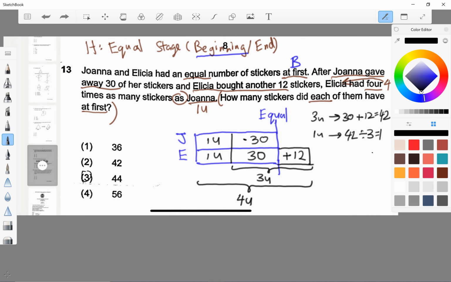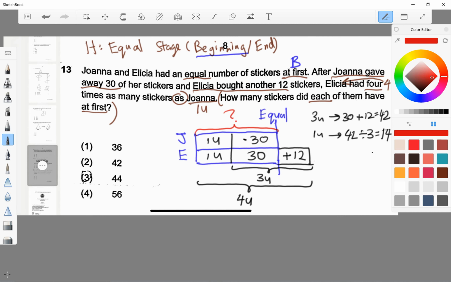If you are strong in mental sums, no problem, you can also use mental sums. So 42 divided by 3 is 14, but the answer is not 14 because they are asking us how many stickers each of them had at first. If you recall that this is an equal stage question, equal stage meaning both characters have the same number at first. So equal stage beginning, it doesn't matter if I search for Joanna or Elisha, either one works for us.